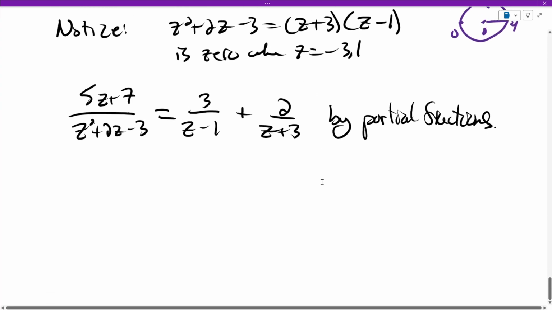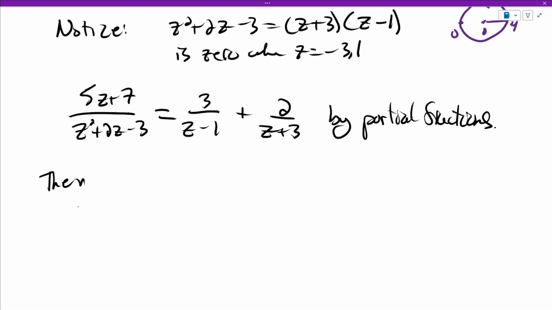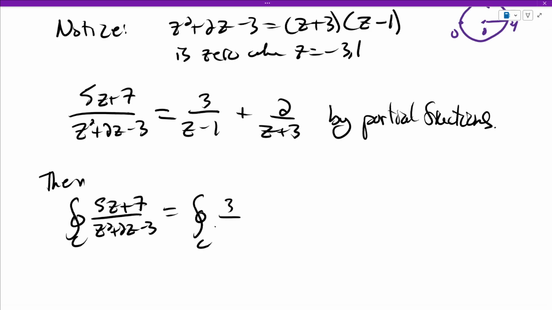Then, therefore, the integral over c of 5z plus 7 over z squared plus 2z minus 3 is going to be the integral over c of 3 over z minus 1 dz, I'm missing a dz somewhere, aren't I, plus the integral over c of 2 over z plus 3 dz.